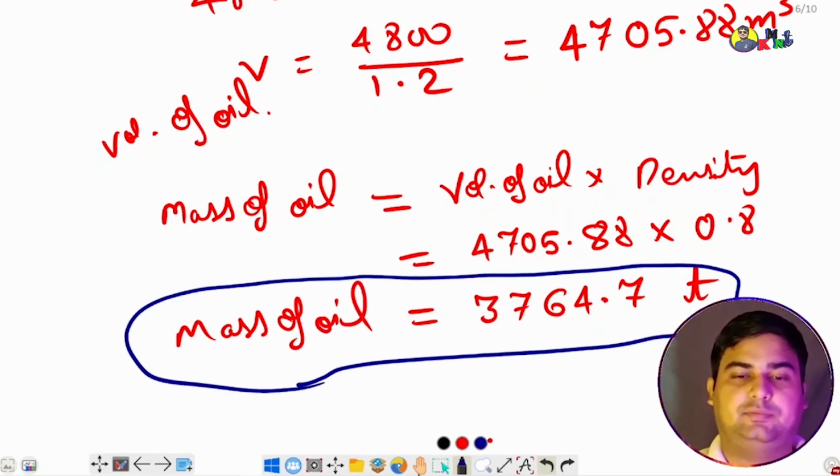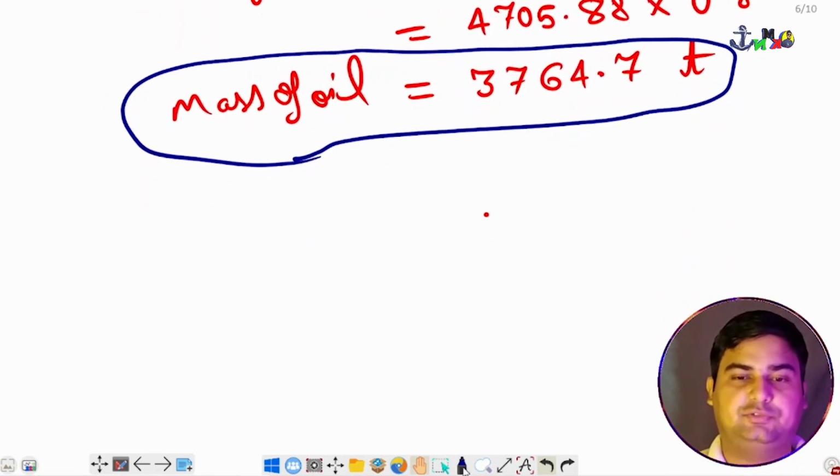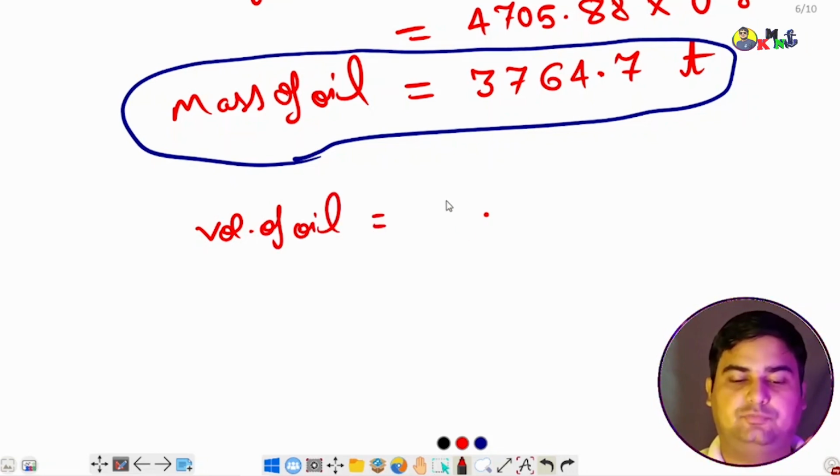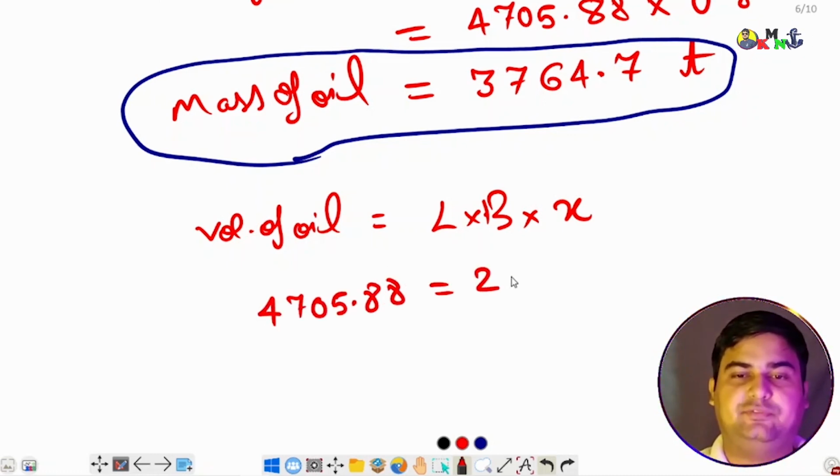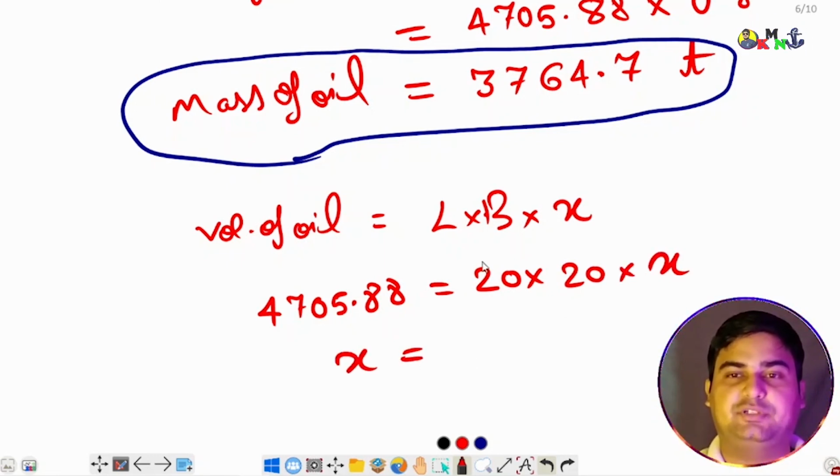Now we need to find out the ullage. We know the volume of oil is equal to L into B into X, where we are taking sounding as X. So 4705.88 is equal to length 20, breadth 20, and X, the depth till which the oil is filled.